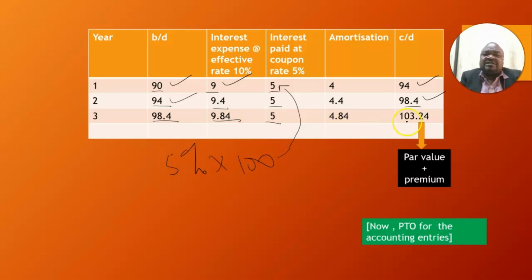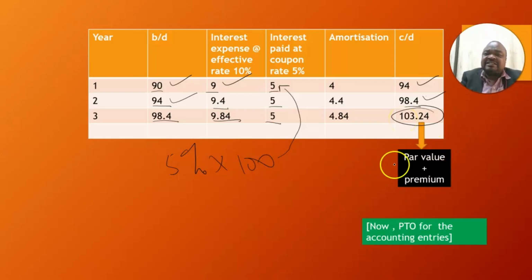That one. But here, to get this figure, you need to do the mathematics. We are saying 98.4 plus 9.84 minus 5, and you get your figure there. But the figure you are going to get is not necessarily going to be this one. So this is why I always say, at the end of the period, that is the maturity date, always get all the information from the examiner.